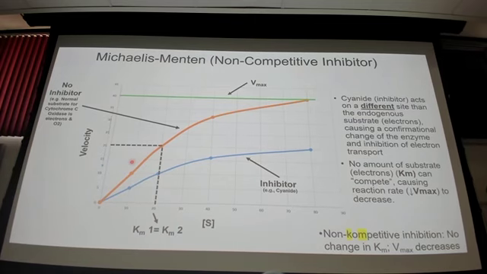Your Vmax. So if you look at the x-axis, basically looking at this thing, it is substrate versus KM. Vmax is the maximum rate achieved by the system.